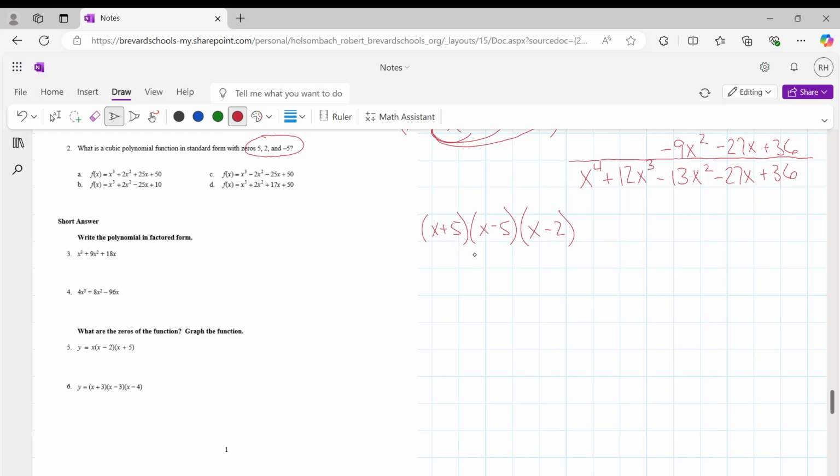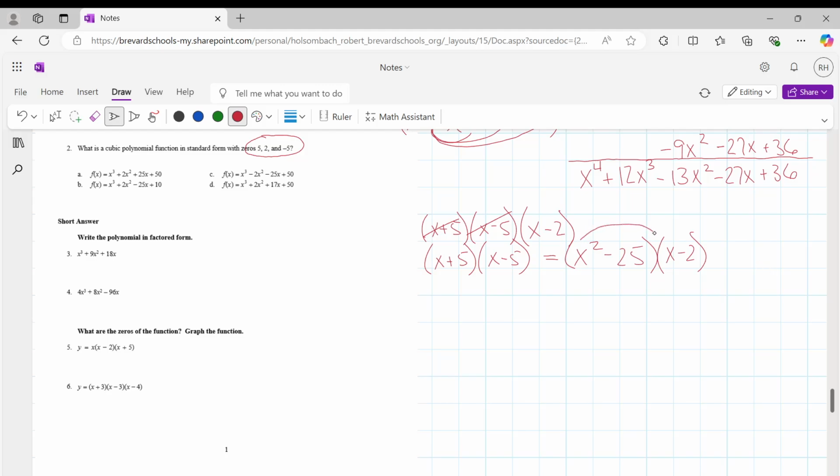So the x plus 5 times x minus 5 are factors of a perfect square, so we get x squared minus 25. Now we have to multiply the x squared minus 25 times x minus 2.